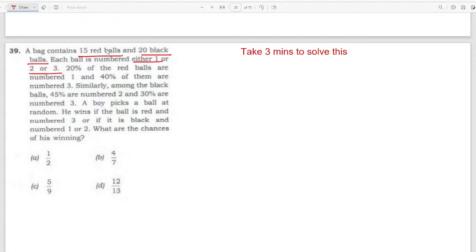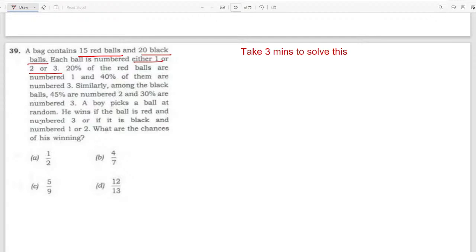There are two colors here in the bag, 15 red balls and 20 black balls. And 20% of the red balls are numbered 1 and 40% of them are numbered 3. Similarly, among the black balls, 45% are numbered 2 and 30% are numbered 3.